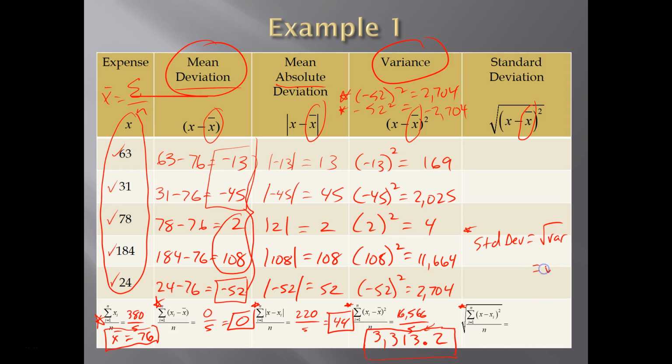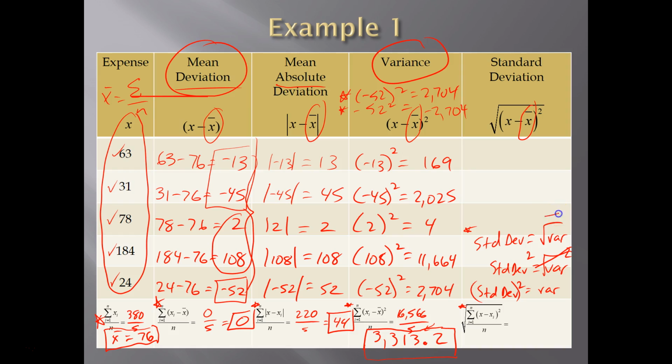To get the variance, I would just raise both sides to the second power, and those cancel out. So I know my variance is the standard deviation squared.